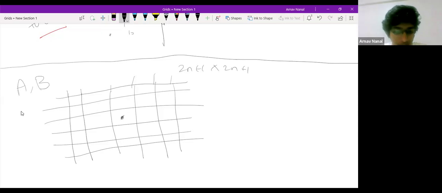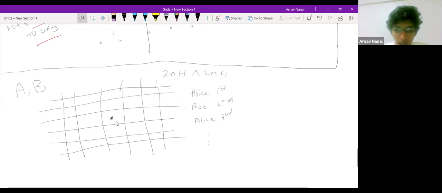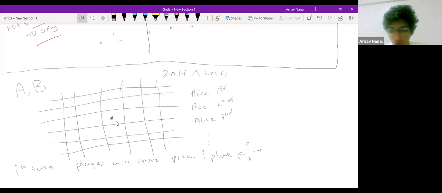Alice and Bob take turns moving this piece. Alice plays the first turn, Bob plays the second turn, Alice third, and so on. At the ith turn, the player moves the piece i places to the left, right, top, or bottom such that it remains on the board.